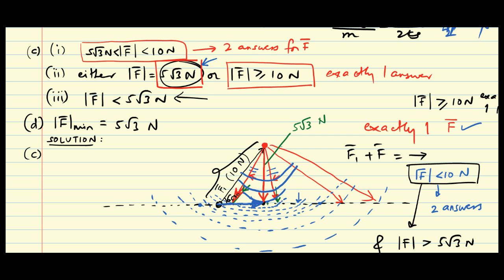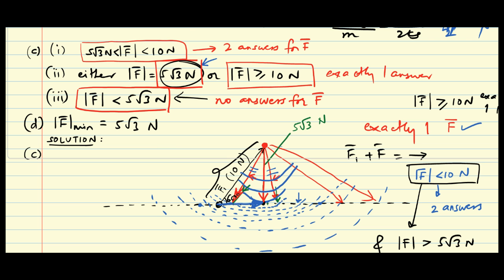And that is the motivation behind writing this part of the answer, that is, if mod f bar is less than 5√3 newtons, you get no answers or no possible directions for f bar.